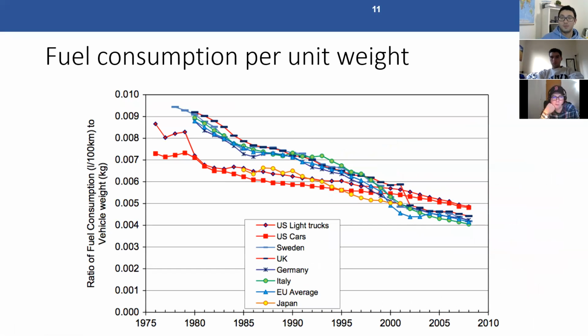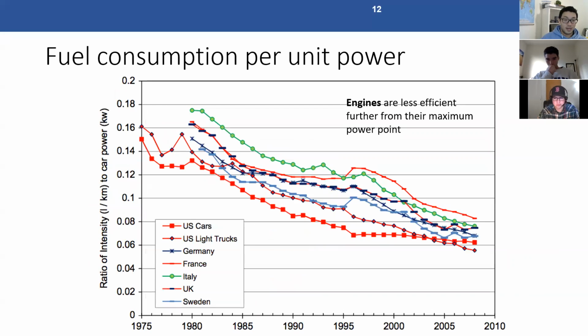When we look at efficiency, or in this case, fuel consumption per unit weight, you can see that over time, there's a very nice trend that shows that cars really are getting more efficient as you control for weight, and that they are also getting more efficient when you control for power or acceleration.